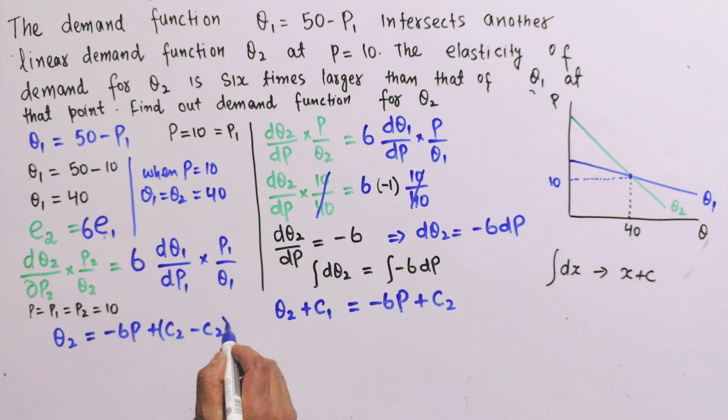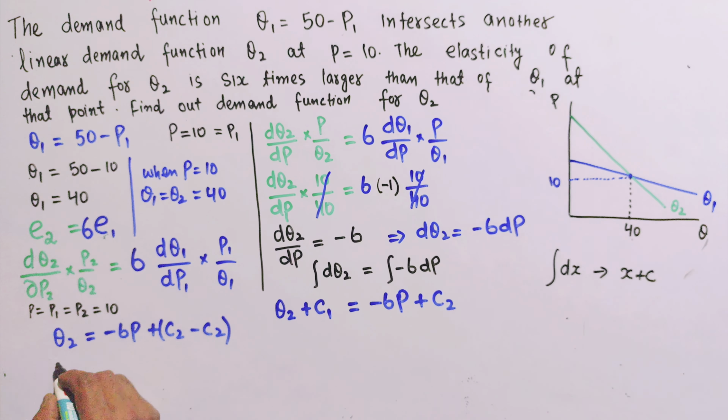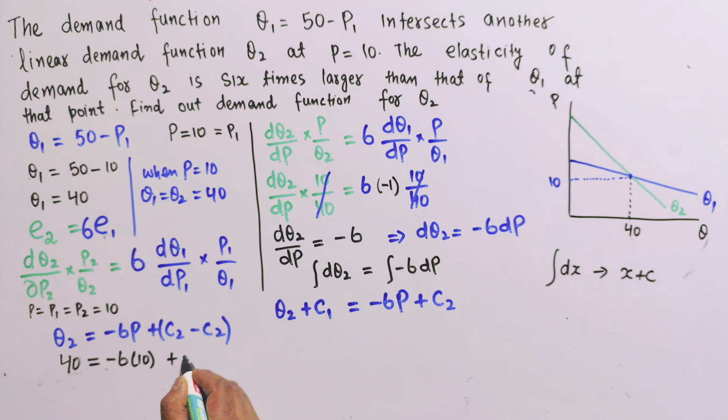We get this very result here. We know that Q2 is equal to 40, so in place of Q2 let's write 40 is equal to minus 6 times P, P is 10, plus c2 minus c1.